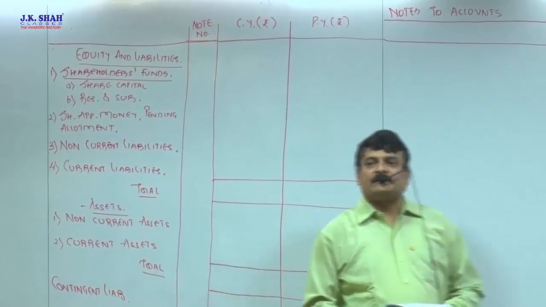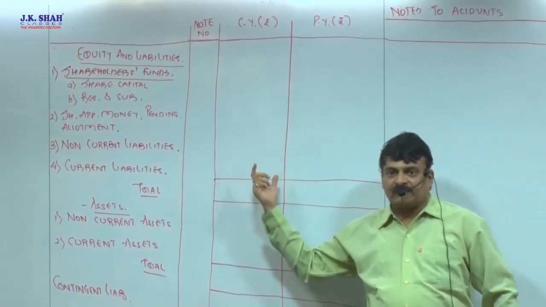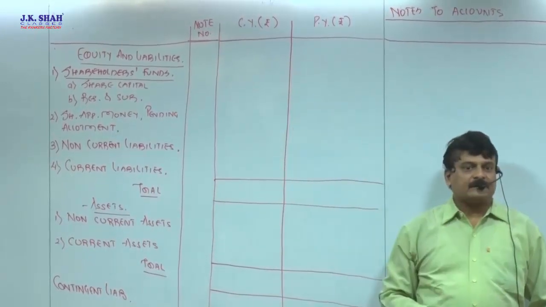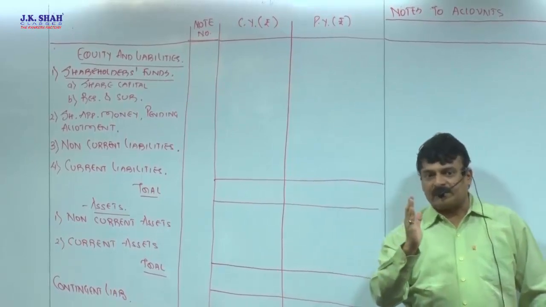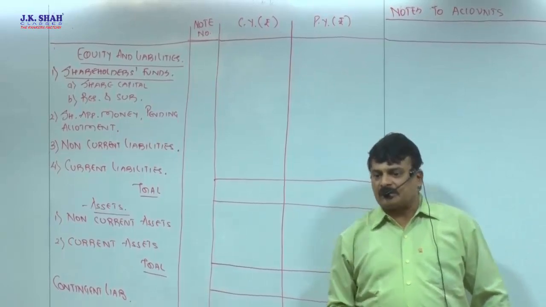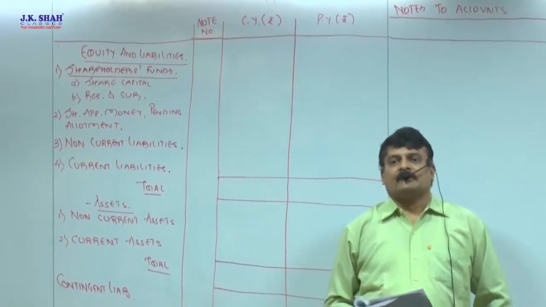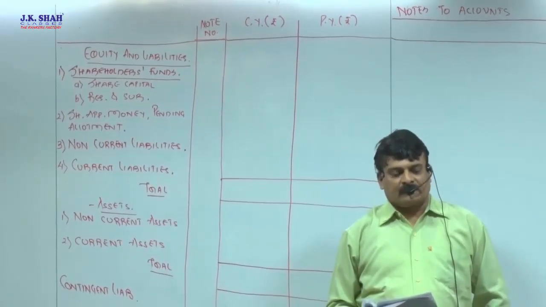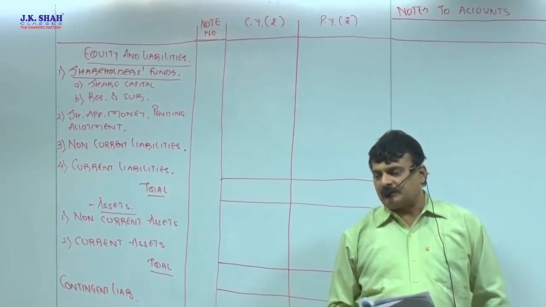We can start making this face of balance sheet in your notebook. Solution can be done in that page only. Keep your textbook open and start writing in your notebook. Take out rulers and pencil, the ruler for drawing the format.